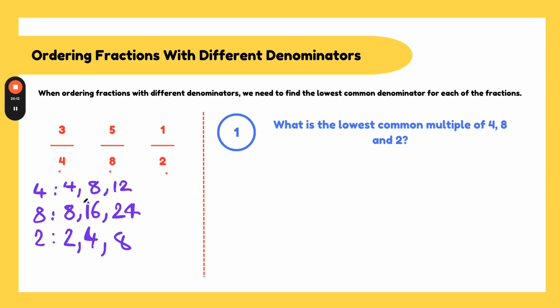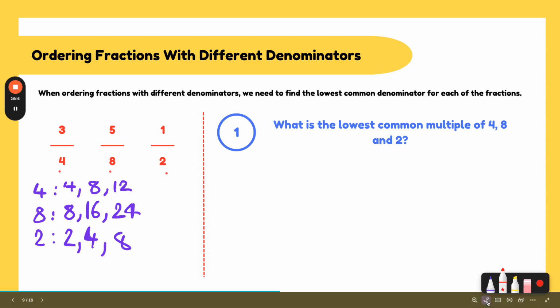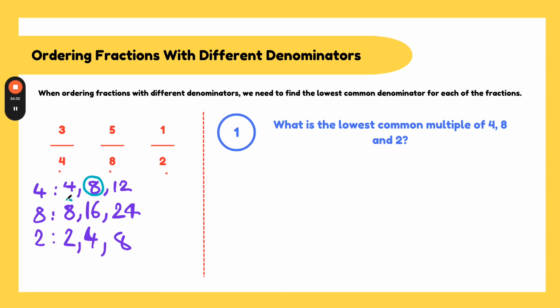And if you have a close look, you can see that we didn't even have to go far along in our list to see that the lowest common multiple of 4, 8, and 2 is 8. Why?